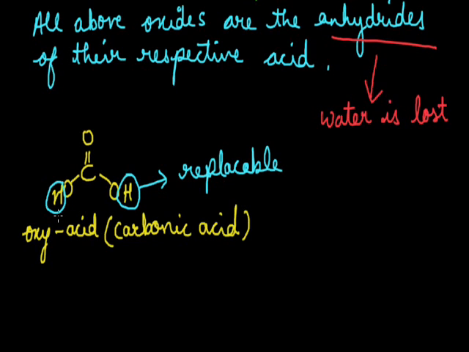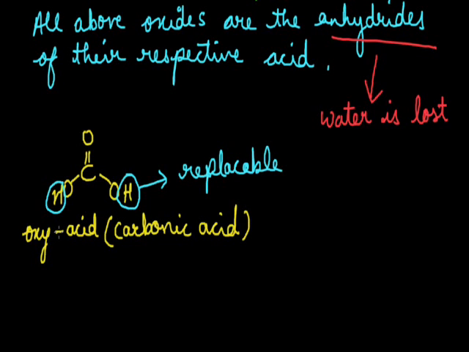It is an oxy acid because oxygen is attached with the hydrogen which is removed. According to Arrhenius theory, acid is a hydrogen ion donor, that is, H plus donor. So here it is an oxy acid because oxygen is attached with the hydrogen which can be donated or replaced.